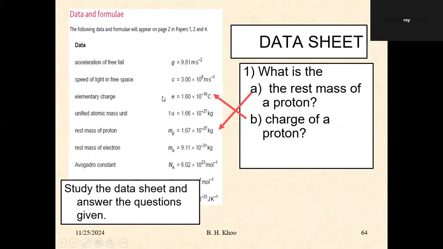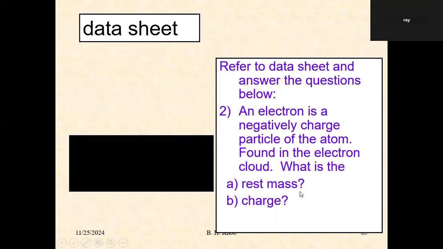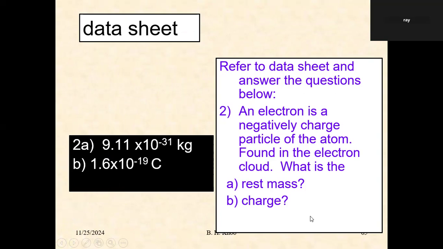I've sent you the notes. You must be ready. Now you're wasting your money. Okay, that's the rest mass of a proton. Electron, sorry. Rest mass of electron. That's the charge of the electron. You should be able to get it from the data sheet. Okay?